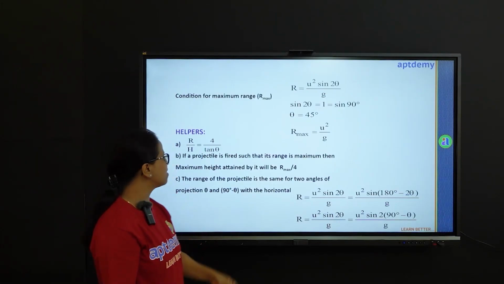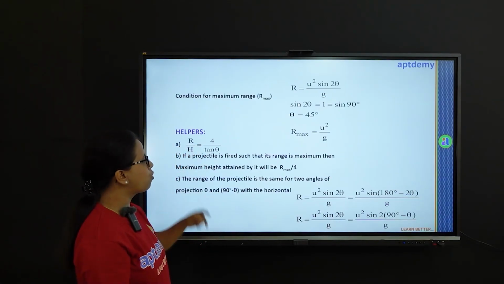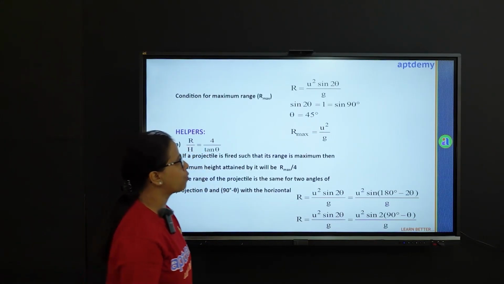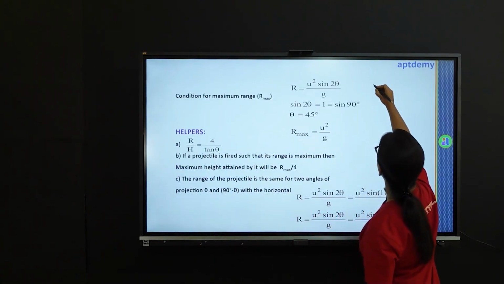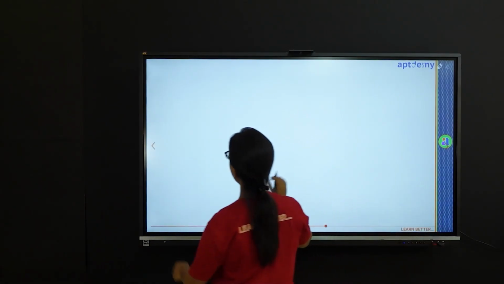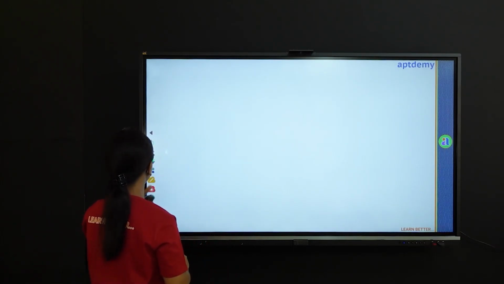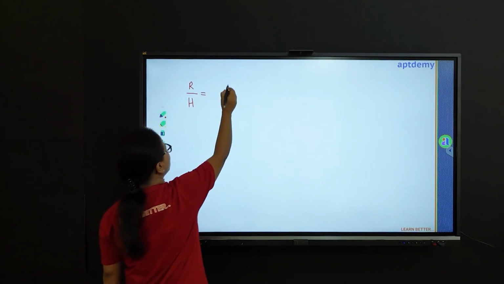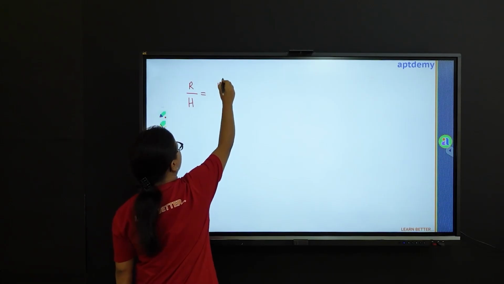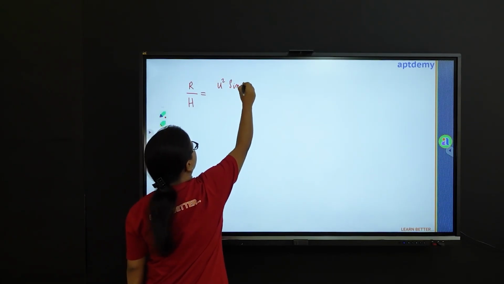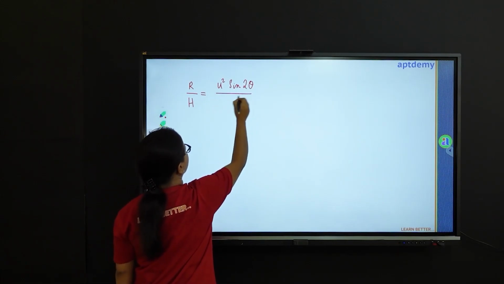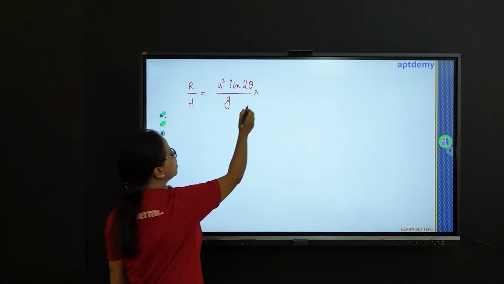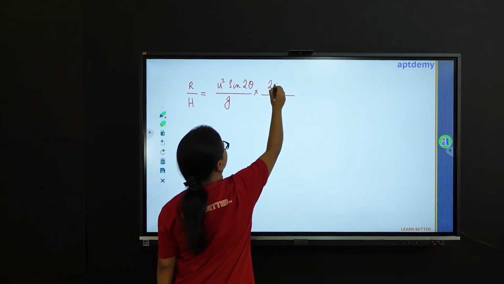Now time for helpers. R by H is equal to 4 by tan theta. We can easily solve this by putting the values of R and H in this formula. Let us try and find this out. So it is R by H. Now what is the expression for R? We have u square sin 2 theta upon g, and the maximum height achieved is u square sin square theta by 2g.